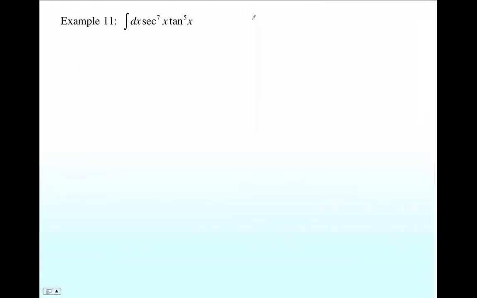The substitution y equals sec x is actually so useful that we can use it in many different situations. So if you take dy, which is sec x tan x dx, immediately you see that from here I can take away a sec x and a tan x, and so this becomes dy times sec to the power 6 x and tan to the power 4 x.